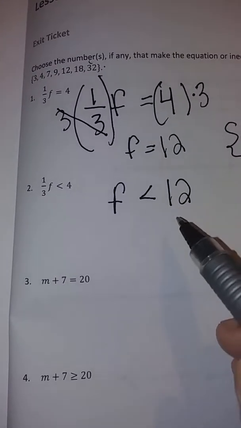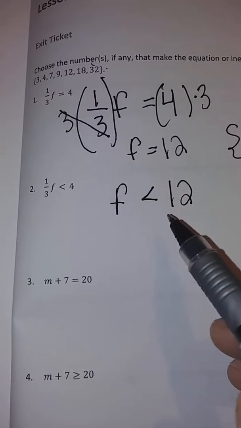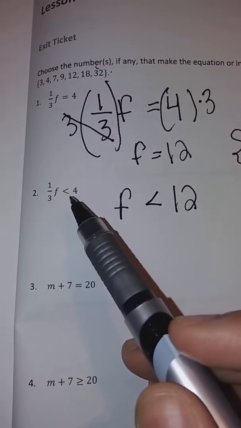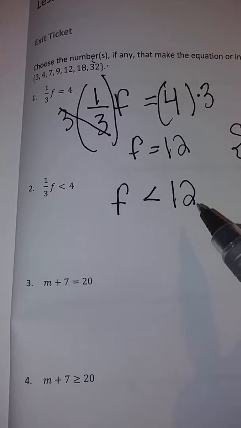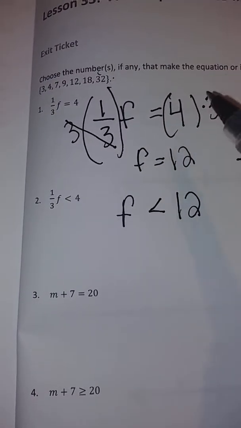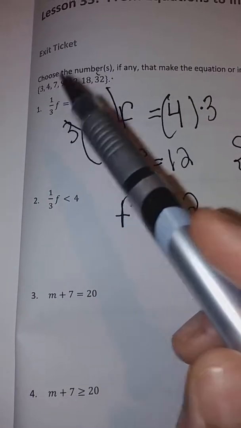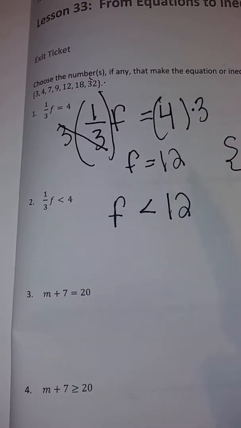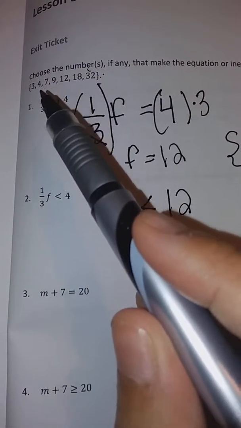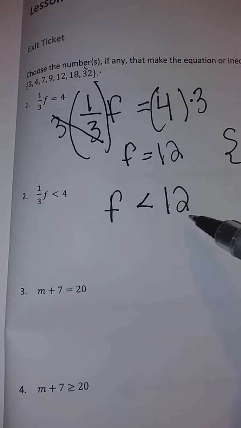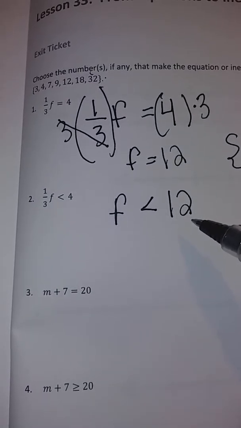Alright, so you know that this is the solution for this inequality, but you have to go back now and check to see if there are any numbers that are less than 12 that will satisfy this inequality. So in this case, anything less than 12 will satisfy this inequality.